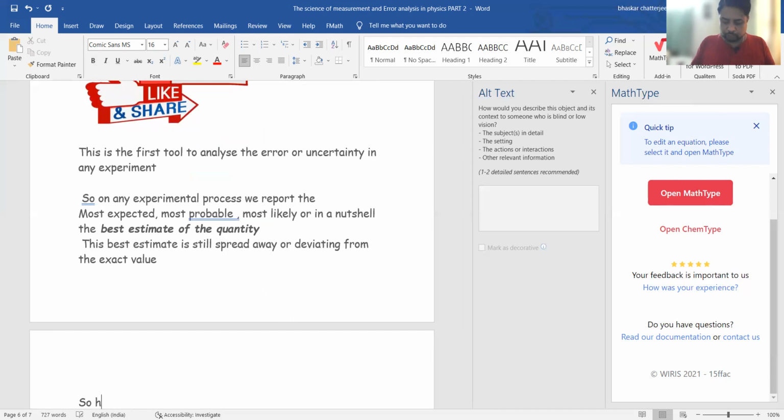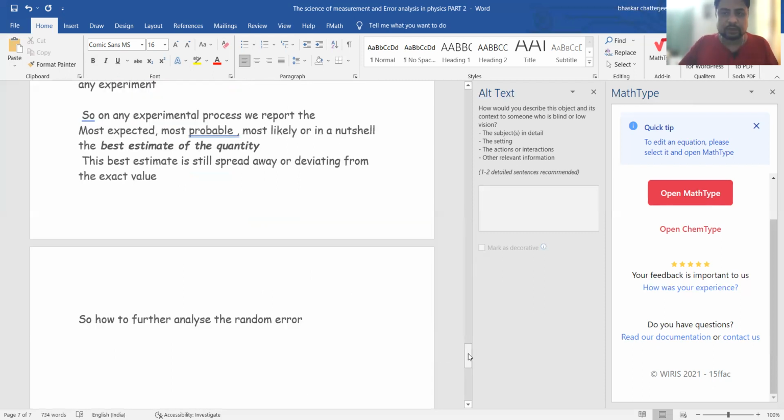So how to move further? How to further analyze the random errors? Because we are concentrating on these random errors because they are not in our control.